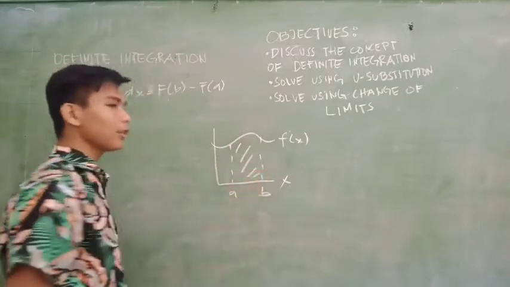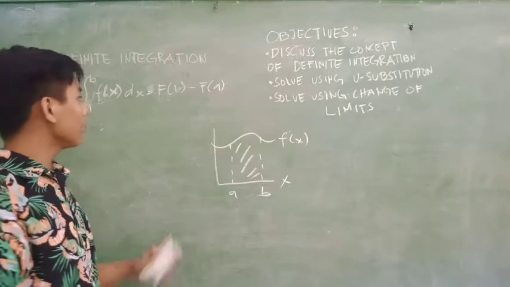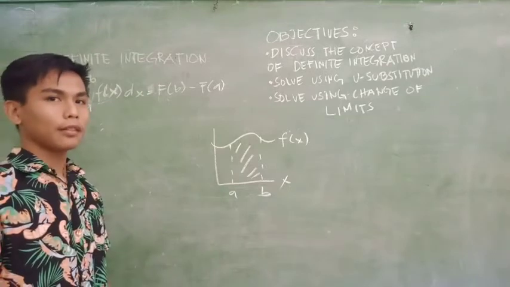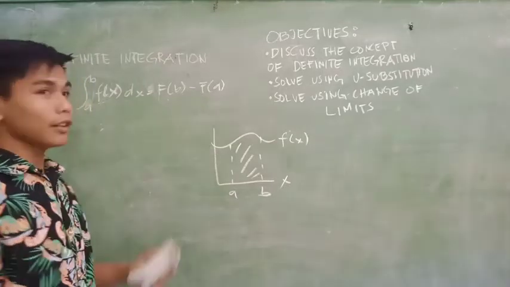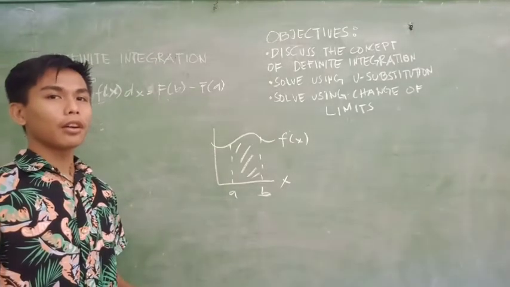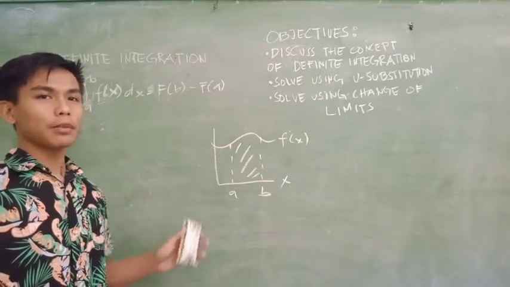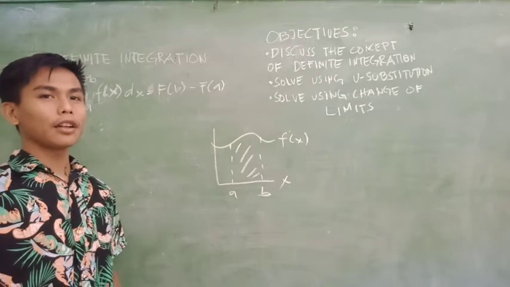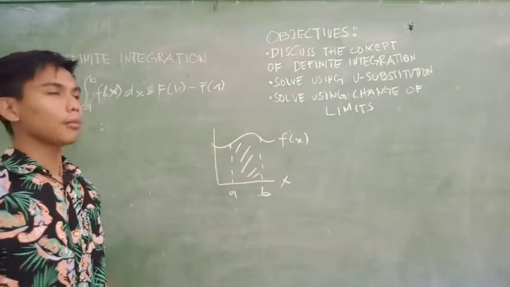So this is the only focus in finding the outcome of our function. So that is the concept of definite integration. It is to limit the outcome or the area of the function. To explain further, we'll have some illustrations to make it easier.